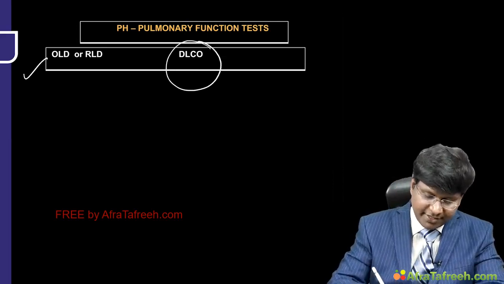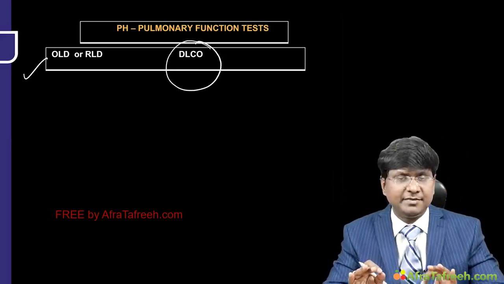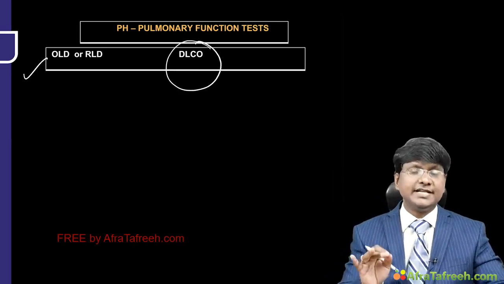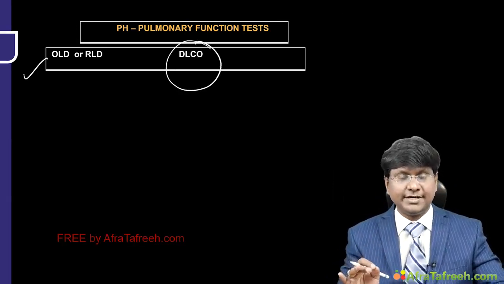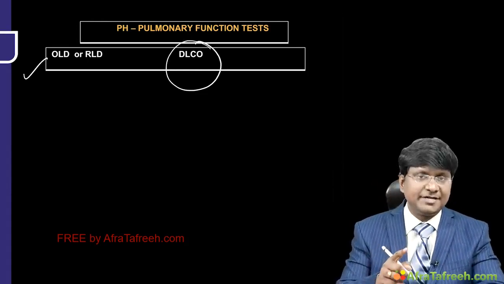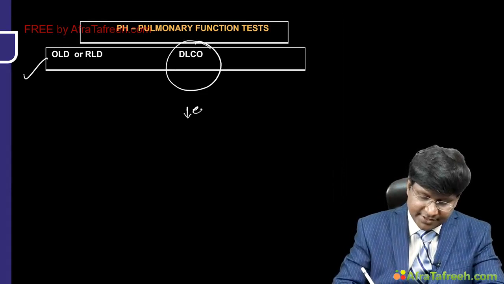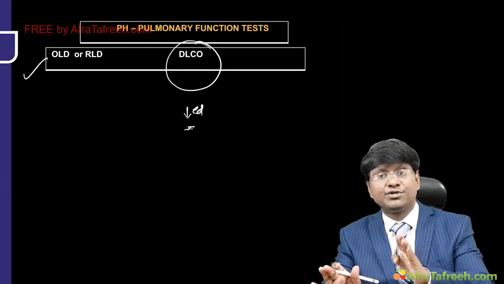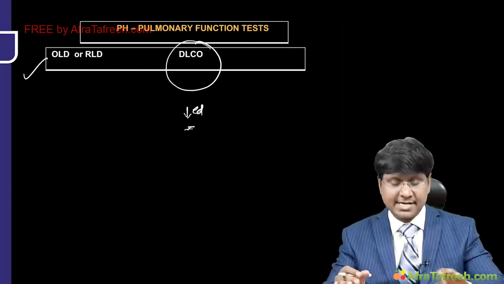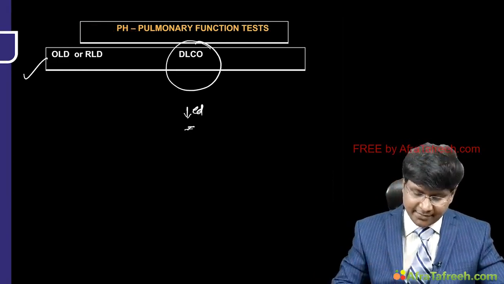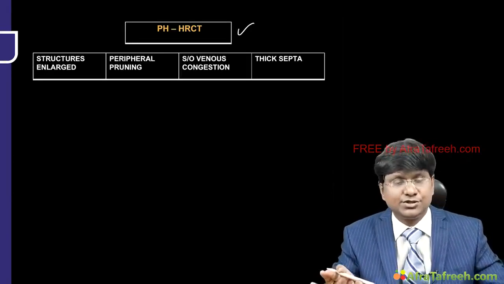But one of the very, very important things that you need to know in pulmonary hypertension pulmonary function testing is the DLCO, that is diffusion capacity of the lung for carbon monoxide. In patients with pulmonary hypertension, remember, it is reduced. Okay, so isolated reduction in diffusion capacity of the lung for carbon monoxide is the classical finding in patients with pulmonary hypertension. And the next investigation is the high resolution CT scan.